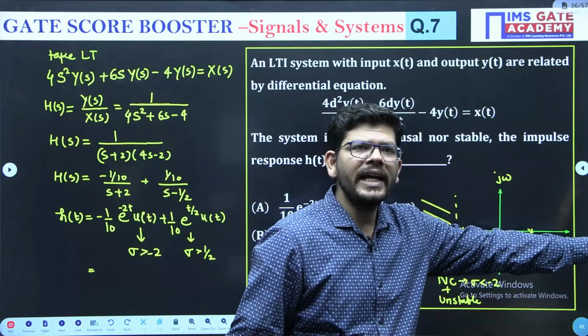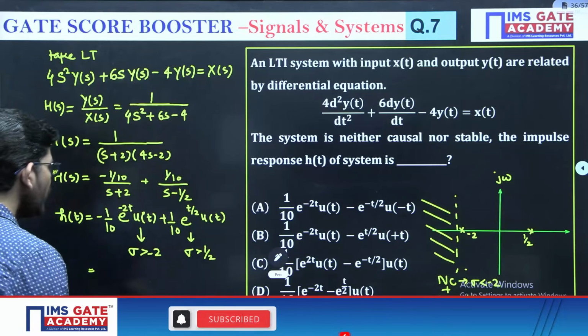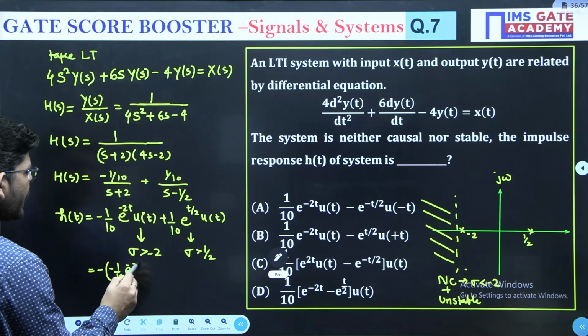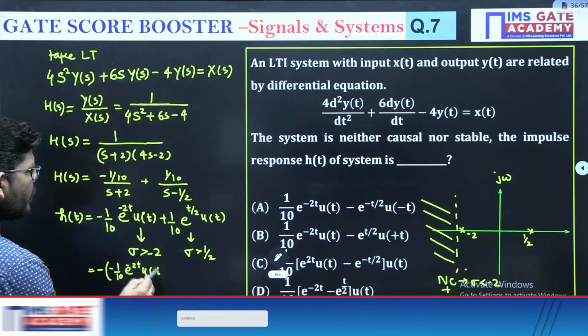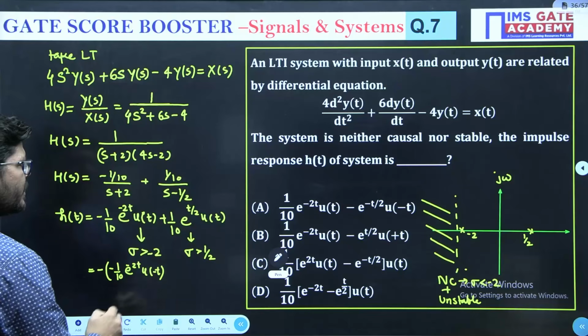A completely right-sided system, you want to make it completely left-sided. So what will you do? You will place a minus in front of the result, and u(t) will be written u(-t). Correct?